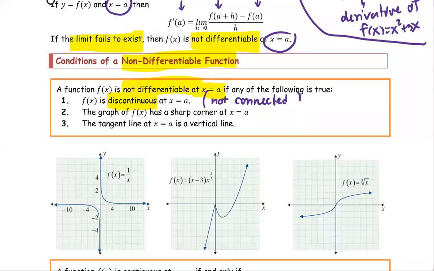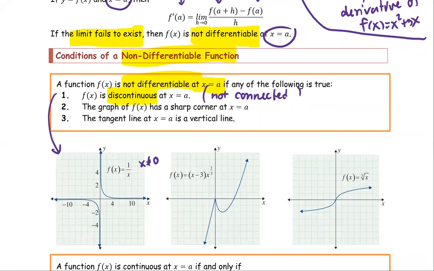That would be case one here, the first graph, because x cannot be 0, so the graph is separated at x equals 0. The second one, the graph has a sharp corner. That means the graph changes suddenly. The left part of the graph is rising, and then at that point, over to the right-hand side, the graph starts to fall suddenly. So that's case number 2.